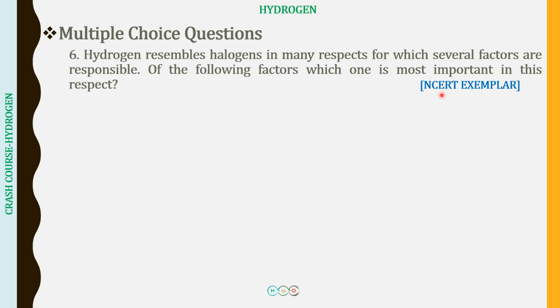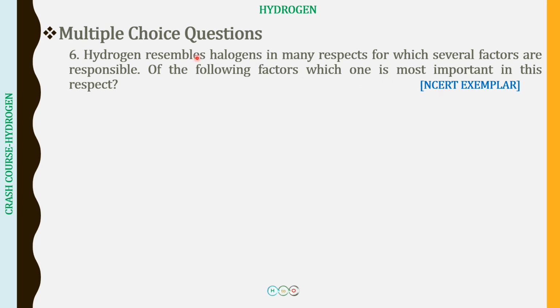For this course Hydrogen, we have tried our level best to put in as many questions as possible from the NCERT exemplar also. But for all your courses, I would request you: read the NCERT textbook, solve the back exercise questions, as well as solve the questions from the NCERT exemplar.